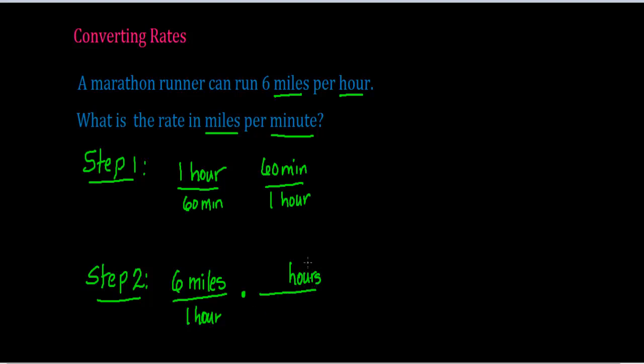So if hours is in the numerator, and these are the 2 possible conversion factors that I have available, which of these 2 will I use? Well, since I need hours in the numerator because I want to cancel hours and hours, I have to use that first conversion factor, this one, because this one has hours in the numerator. So 1 hour, 60 minutes.